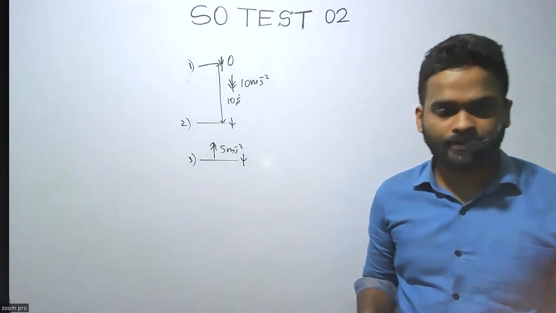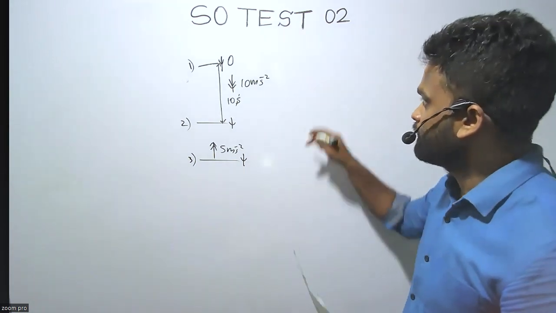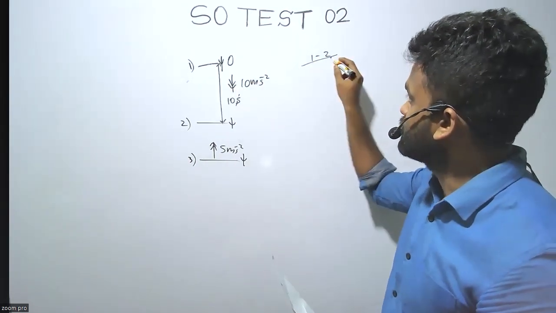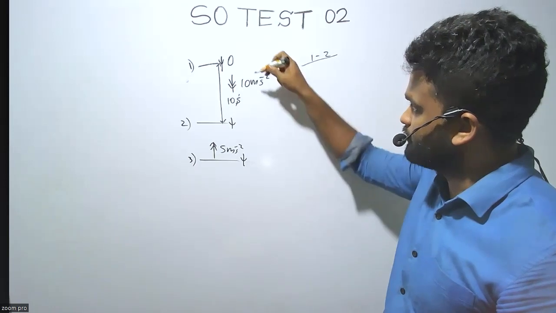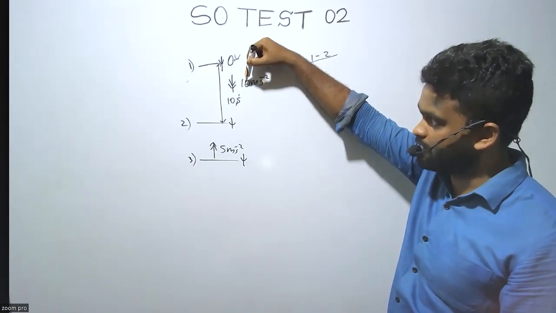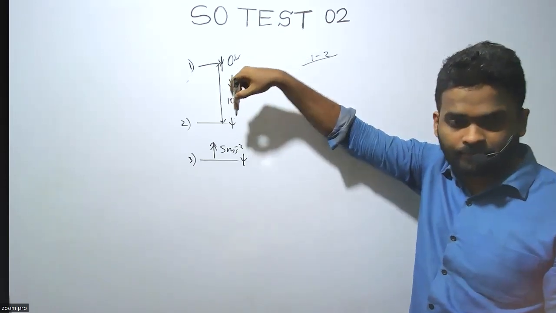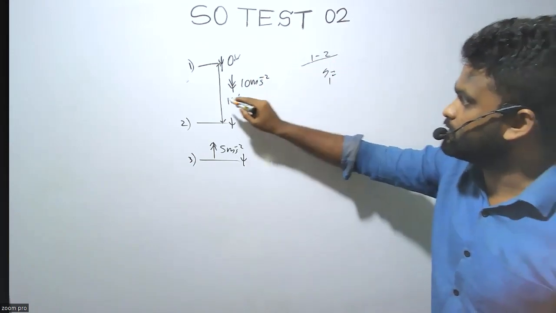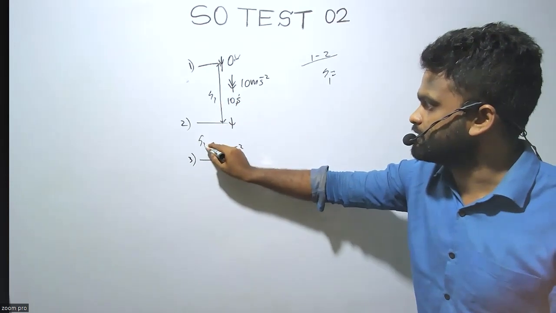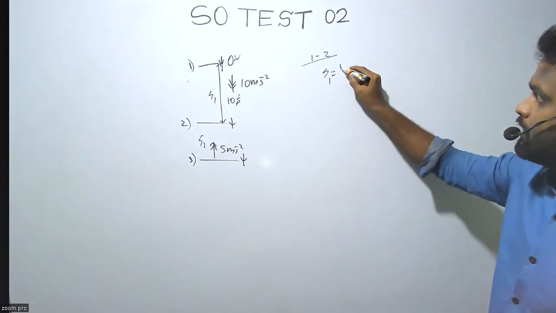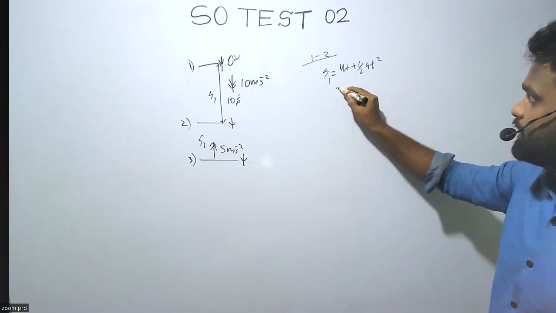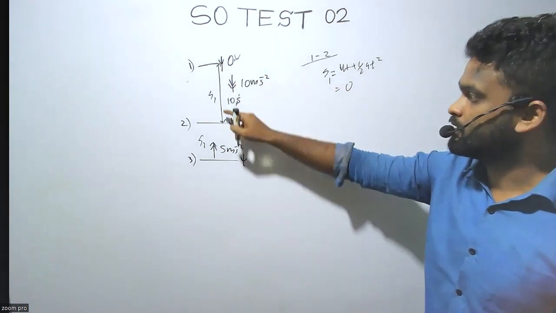Right. So I'll first do from 1 to 2. What do we have? We have initial velocity, acceleration and time. Let's say that is S1. Let's say this distance is S2. So it is ut plus half at squared. Initial velocity 0.